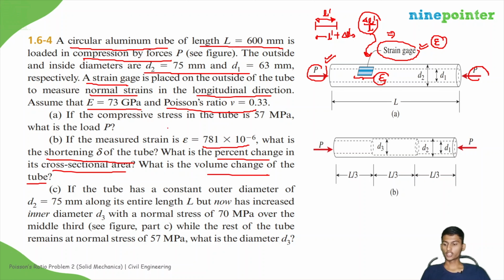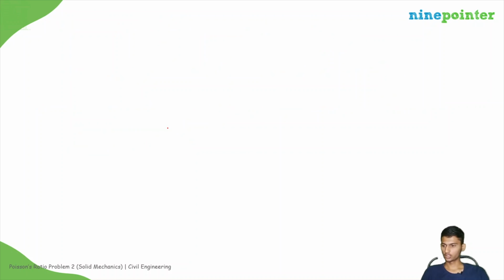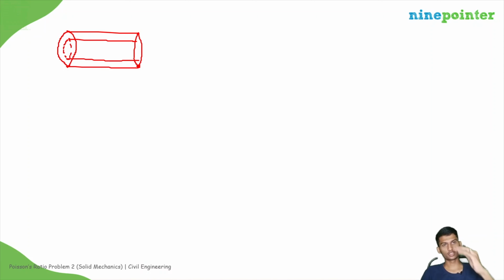Next, what is the percentage change in its cross-sectional area? Poisson's ratio is also given. We need to understand one thing here. Initially the circular tube is like this. Now because of the compressive force, the diameters will increase.